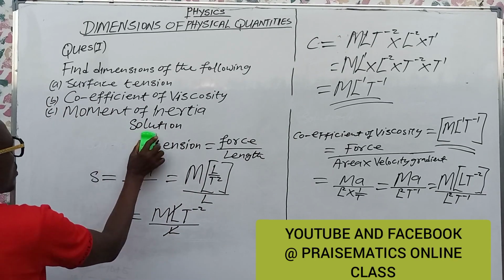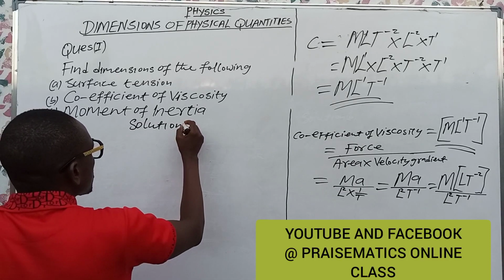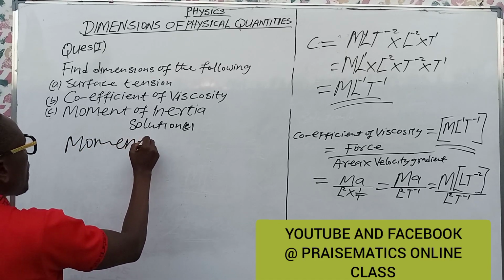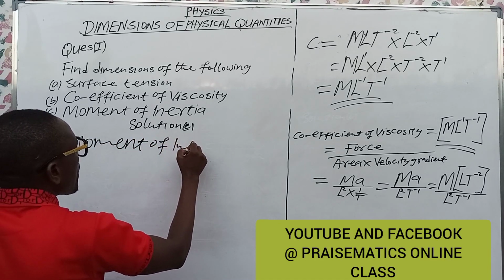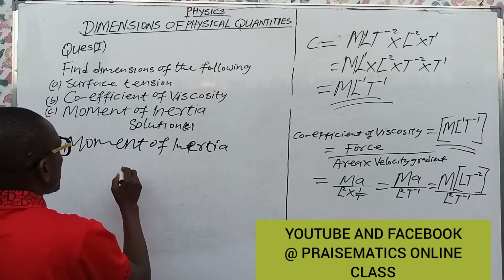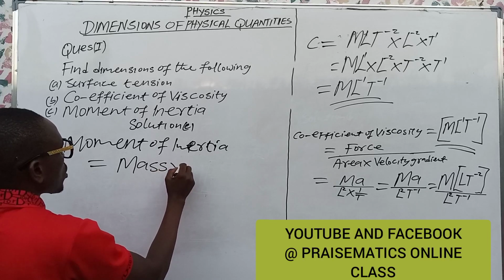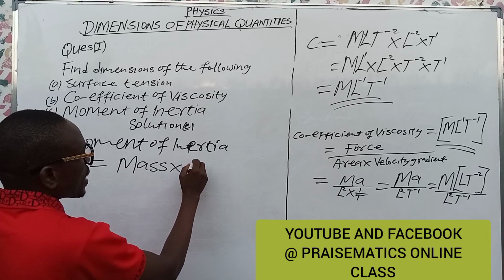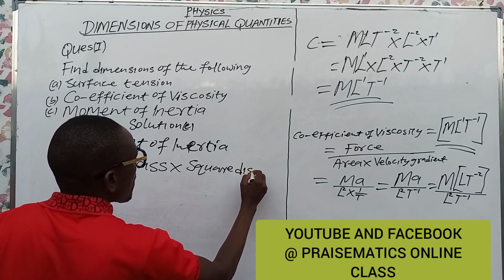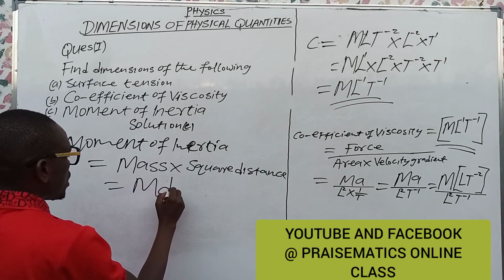Okay, finally let's look at moment of inertia. When you talk of moment of inertia, which is solution C, moment of inertia is defined as mass multiplied by the square of the distance, which is the same thing as say m d square.